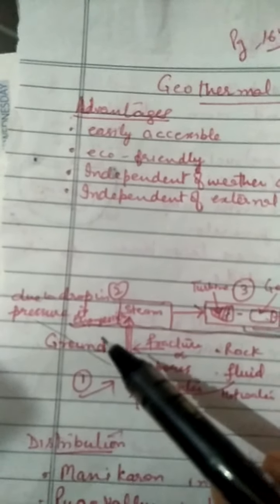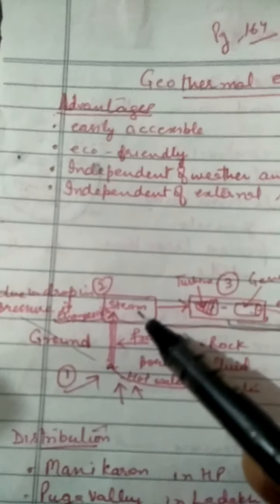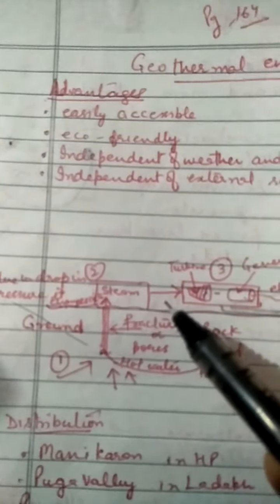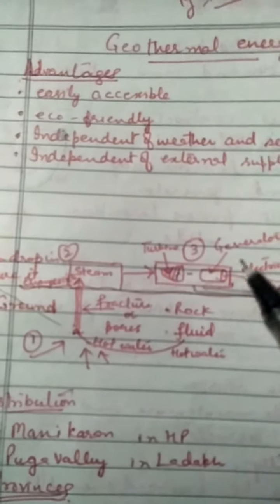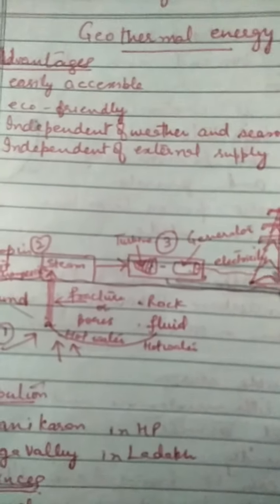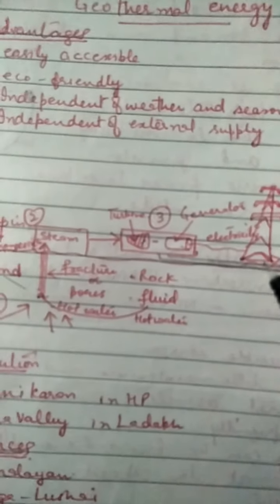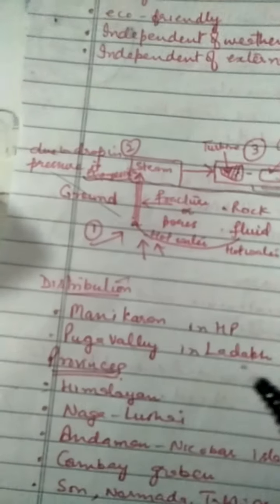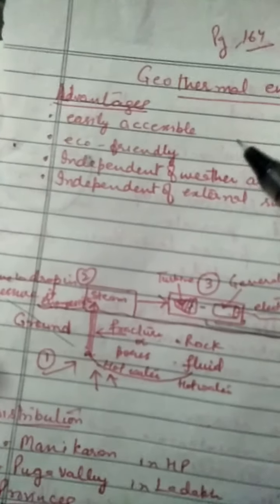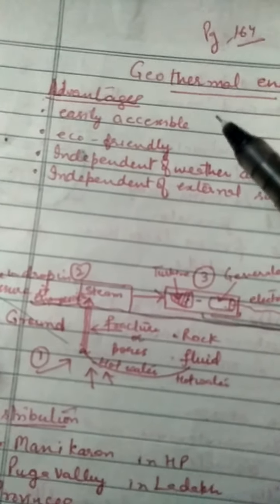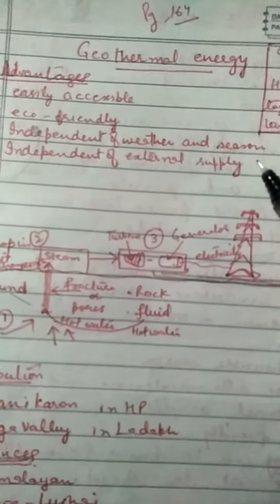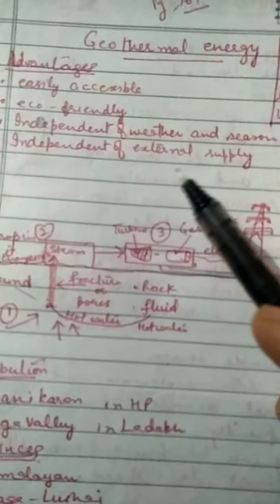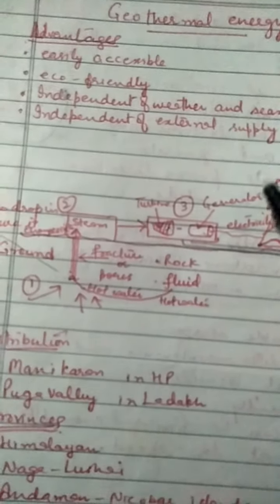Due to the drop in pressure, it converts into steam, and steam turns the turbine, the turbine turns the generator, and electricity is generated. What are the advantages? It is easily accessible, eco-friendly, independent of weather and season, and independent of external supply also.